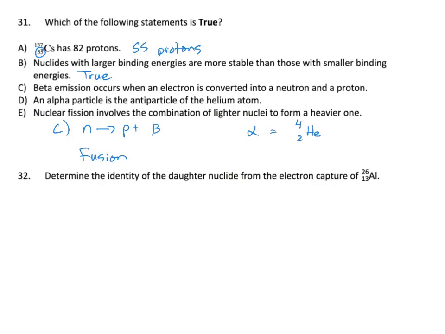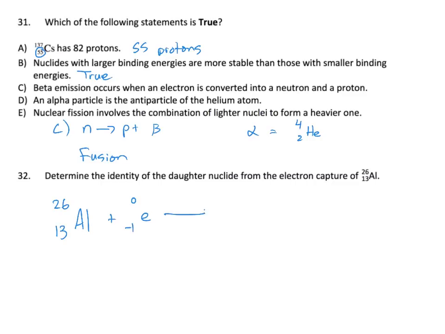is that process. Question 32 says, determine the identity of the daughter nuclide from the electron capture of aluminum-26. So we would write this out like so, aluminum 13, 26. And this is going to capture an electron. So we're going to be adding to this an electron which has a mass number of 0 and -1.